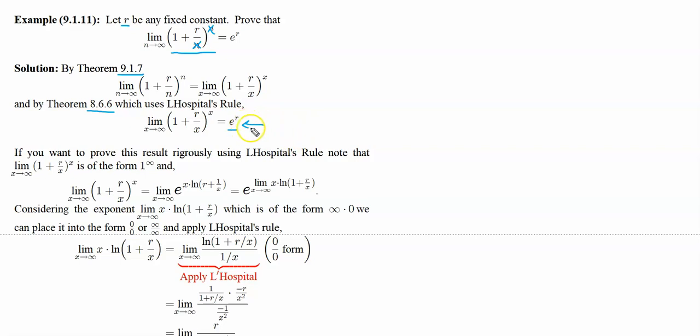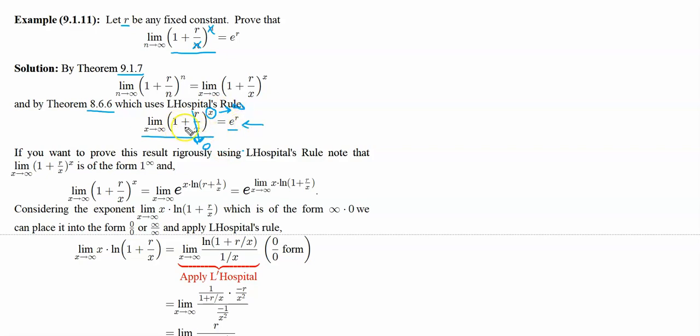Now if you want to verify this again, right here we have it. Just to recall how this was proven using L'Hopital's rule, first of all, notice that this limit is of the form 1 to the infinity power. That's because as x approaches infinity, r over x, with r a fixed constant, will approach 0, and the x up here in the exponent is going to infinity.